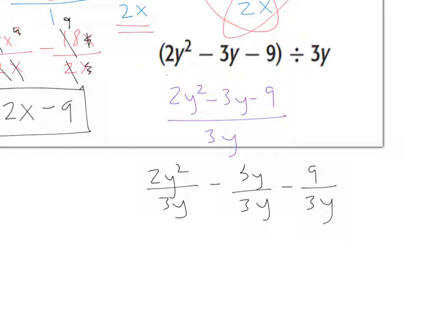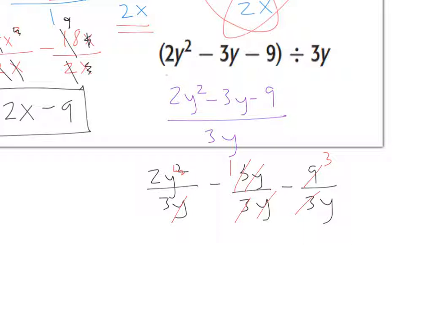So let's look. 2 and 3, nothing can cancel out, but with y and y squared, it can cancel out there. 3 over 3 can cancel out, y and y, so that just goes to 1. And then 9, I can take out a 3, and that turns to a 3.